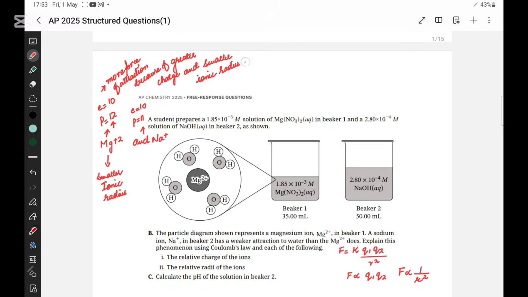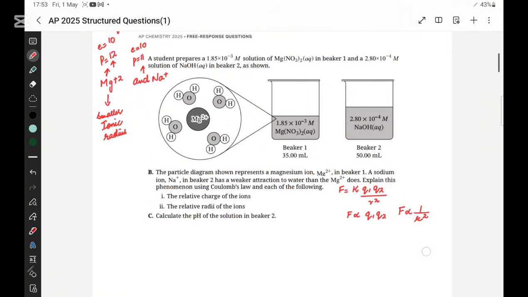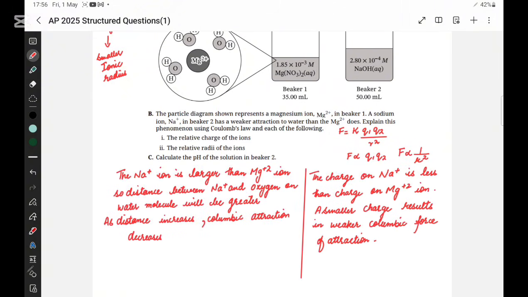So we know, according to Coulomb's force of attraction, if you have greater charge, then the force of attraction would be stronger. And if you have smaller ionic radius, which magnesium has, then you also are going to have stronger force of attraction. So this is going to be the right explanation for them.